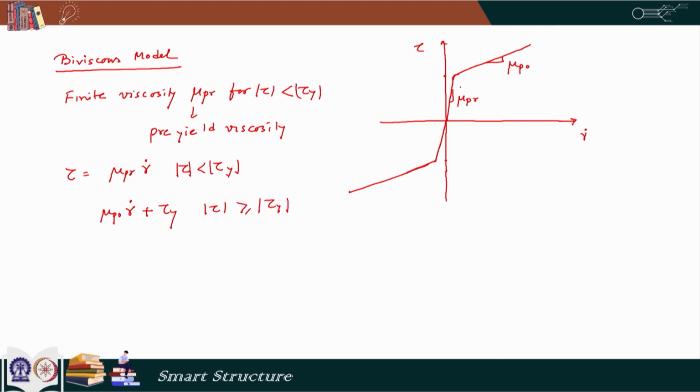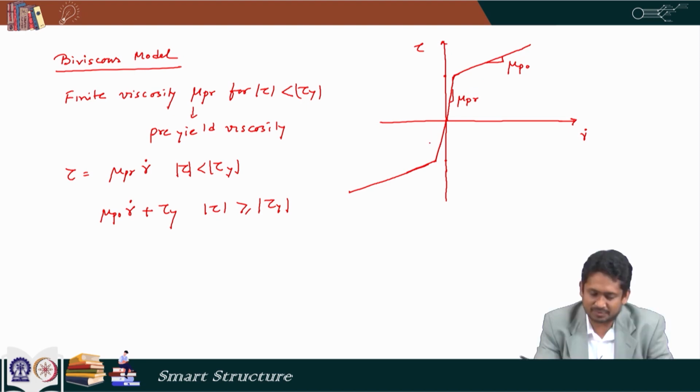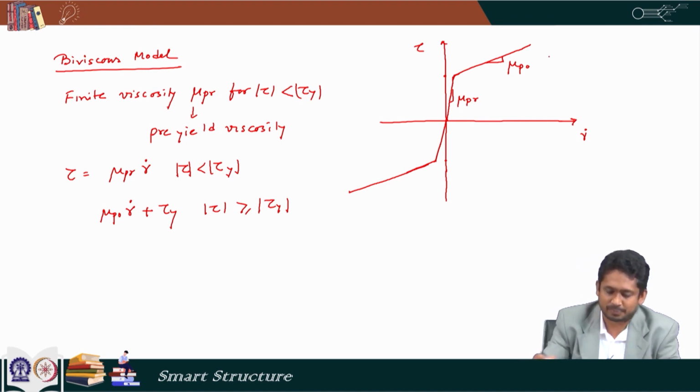So, here we are talking about two types of viscosities, one is pre-yield and another is post-yield. Now, the post-yield viscosity is much lower than the pre-yield viscosity, and if I do not apply any electric field or magnetic field to the material, then the material flows in its own viscosity, and that viscosity is generally equal to this viscosity mu po. It is called plastic viscosity also. So, plastic viscosity is the viscosity that is happening after tau y.